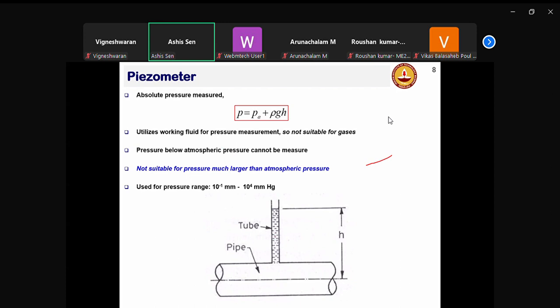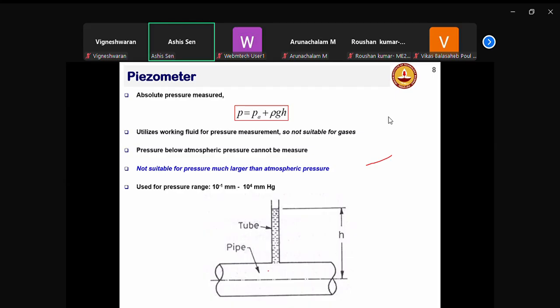But this cannot be used for gases, because gases, unlike liquid, will escape. So you won't see an interface. So this method cannot be applicable to gases. Another limitation of this kind of instrument is that if the pressure is below atmospheric here, for liquid, the liquid will not rise, right?